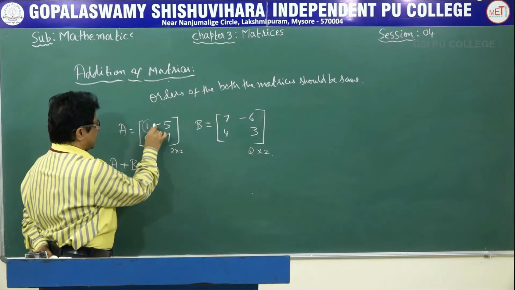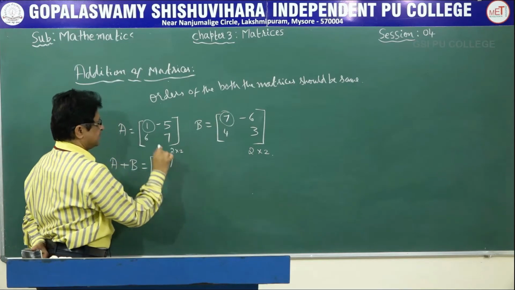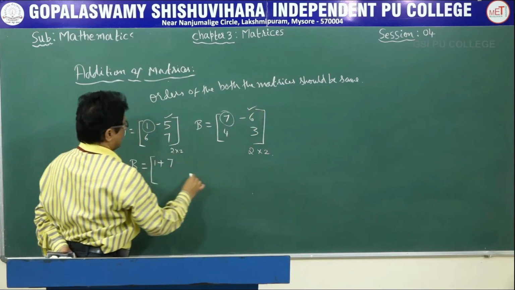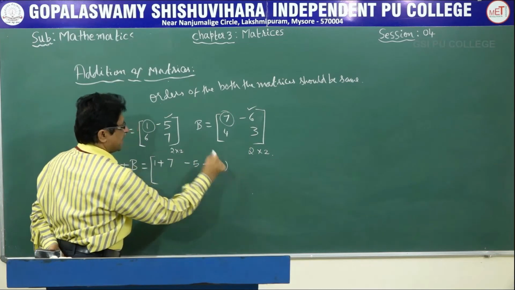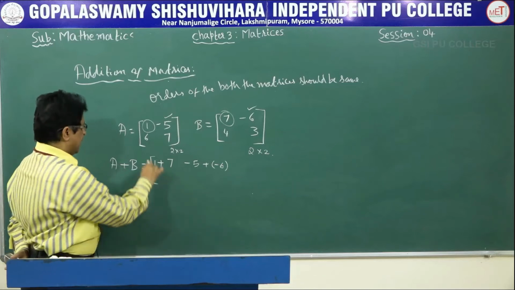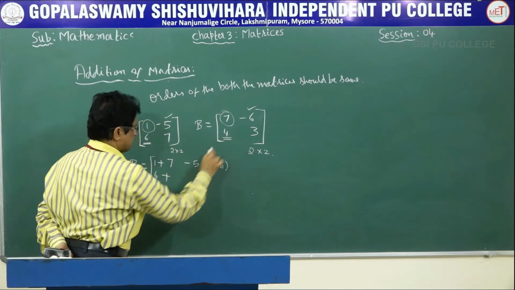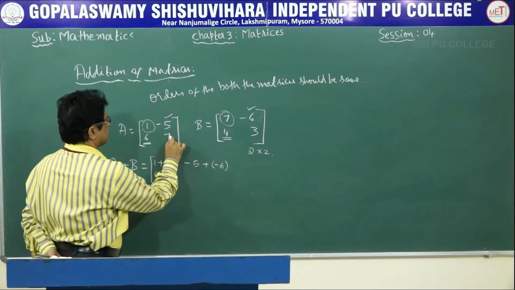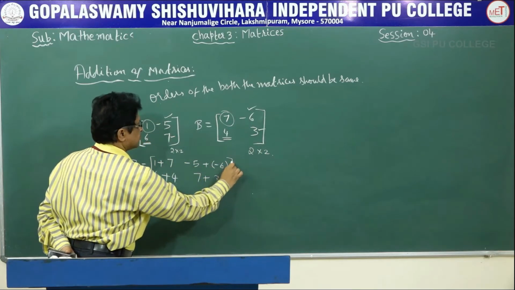So corresponding elements 1 plus 7, minus 5 plus minus 6, 6 plus 4, 7 plus 3.